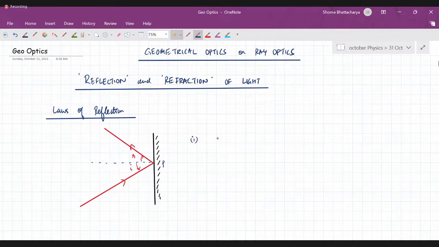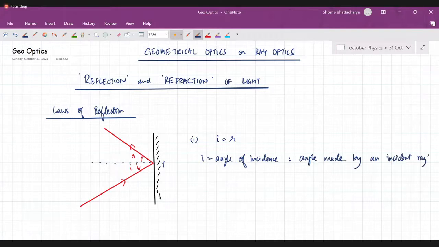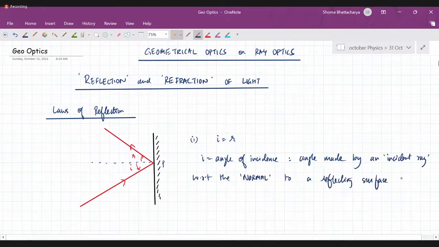I is the angle of incidence, which is the angle made by an incident ray with respect to the normal to a reflecting surface at its point of incidence.